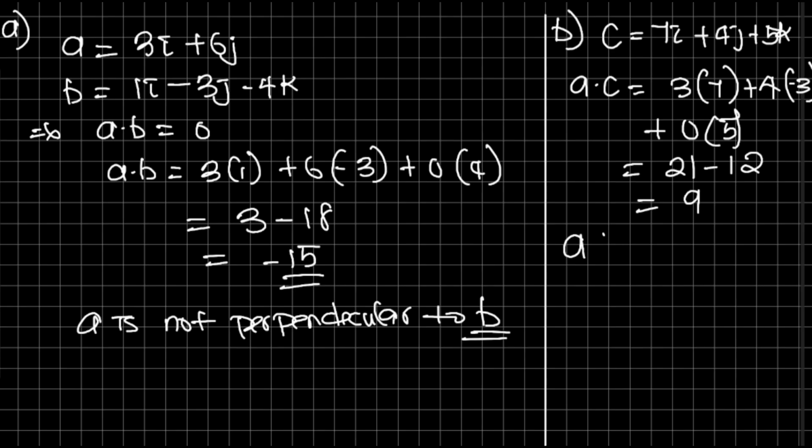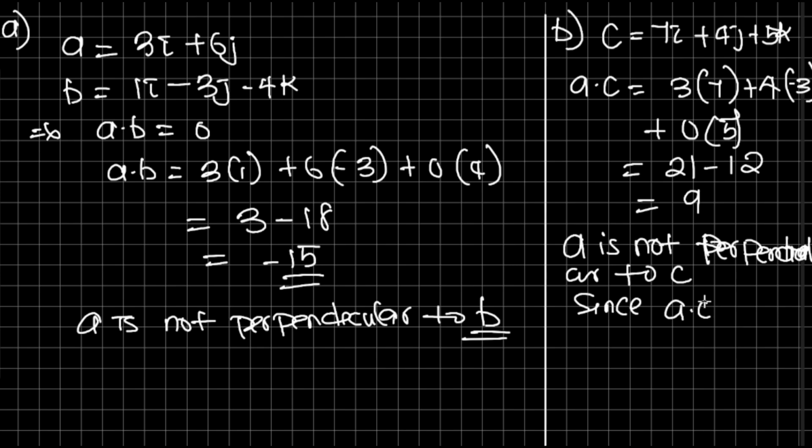So A is not perpendicular to C because the dot product is not equal to 0.